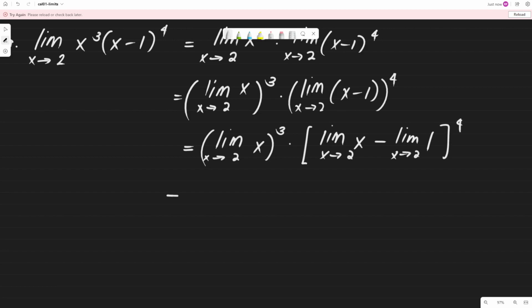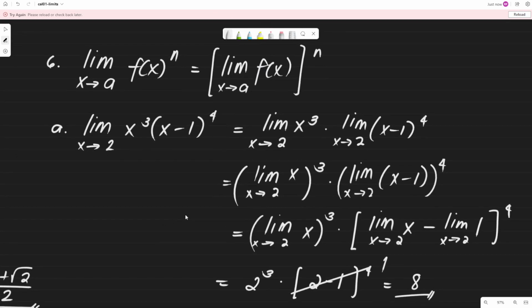Now we can substitute: 2 cube times 2 minus 1 quantity to the fourth. 2 minus 1 is 1, raised to 4 is still 1. Any number multiplied to 1 is equal to itself. 2 cube is equal to 8. Therefore, the value of the limit of the function as x approaches 2 is 8. That's how we evaluate limits involving exponents.